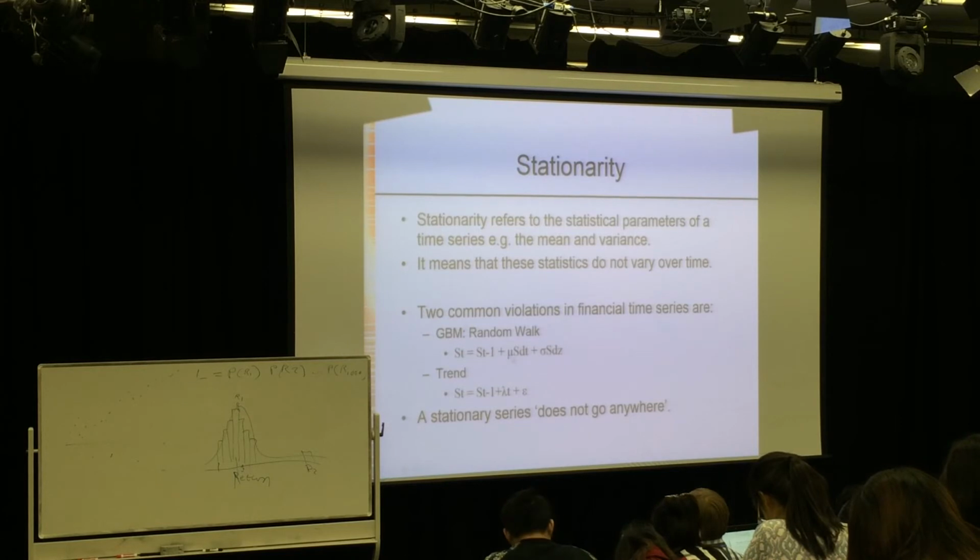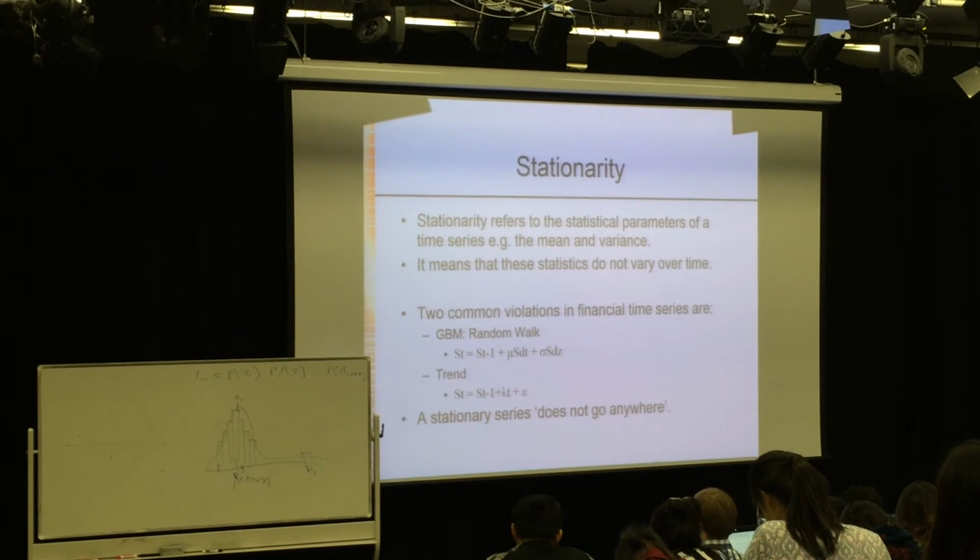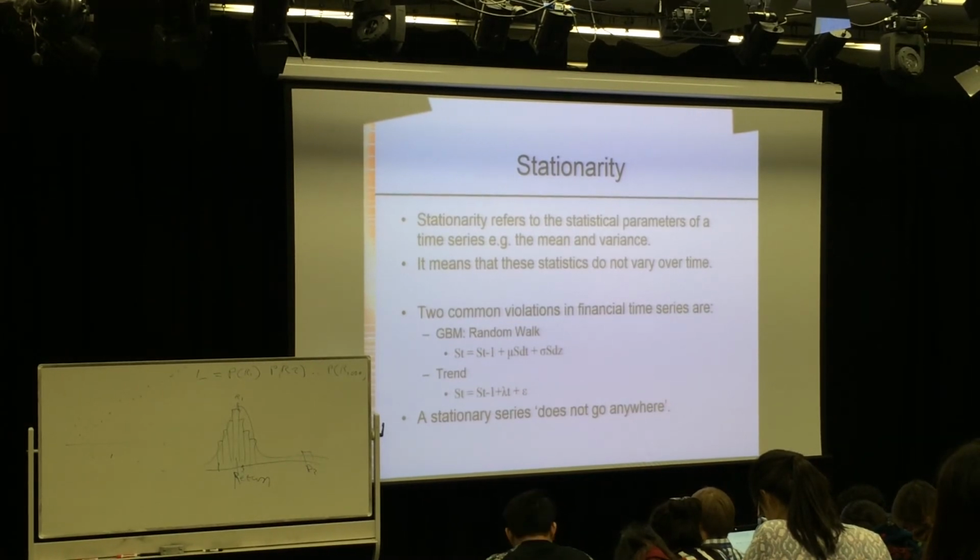Okay, the other one that's often used to describe stock prices started getting used back in the late 1800s. There was a guy, Bachelier, who did his PhD thesis on describing stock prices, and he used geometric Brownian motion. That's what GBM stands for there. It's a random walk.